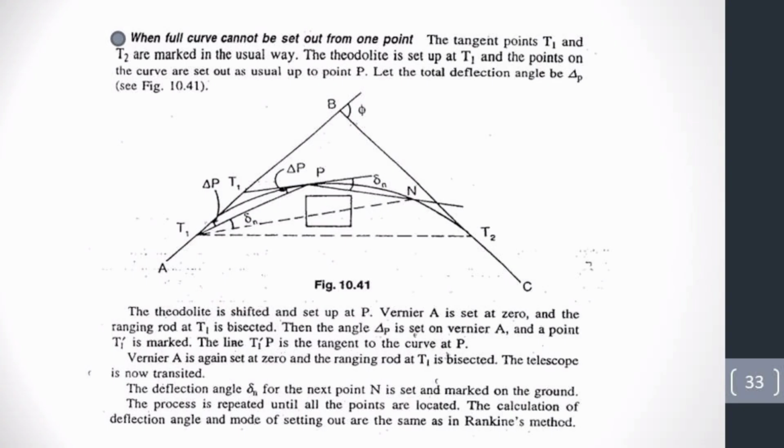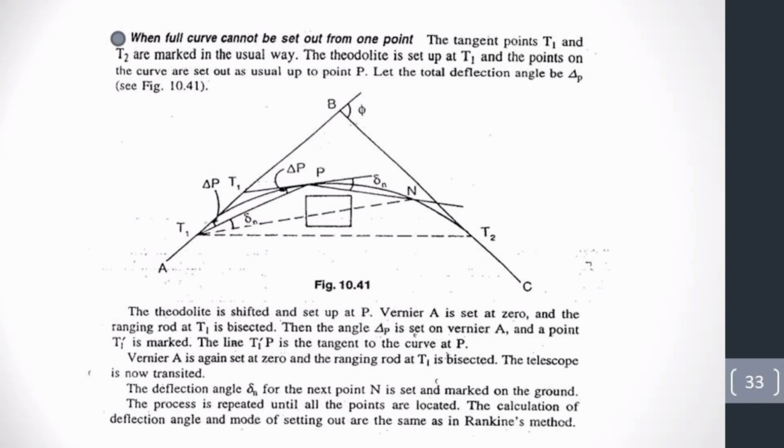So that is the second marking. The line T1 alpha P is the tangent to the curve at P. So there we are again forming another tangent.